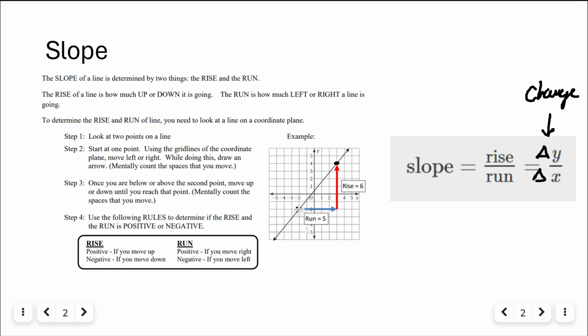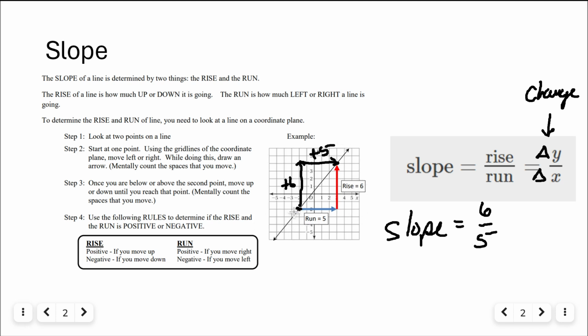So I would go up 1, 2, 3, 4, 5, 6. So my change in y is plus 6. And then my change in x is 1, 2, 3, 4, 5 to the right. So my slope would be 6 over 5 for this line.